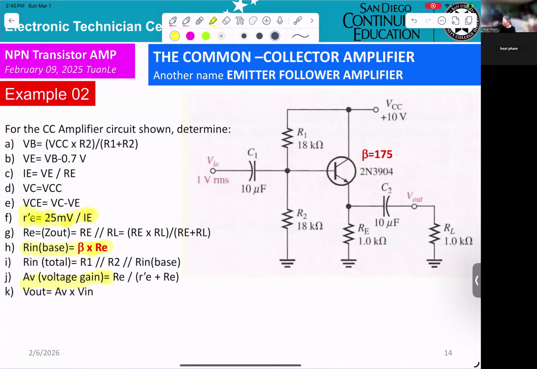And if you want to calculate the output, it will be AV gain times VE. Okay, so basically we go through it, and I will let you guys do the calculation for me.